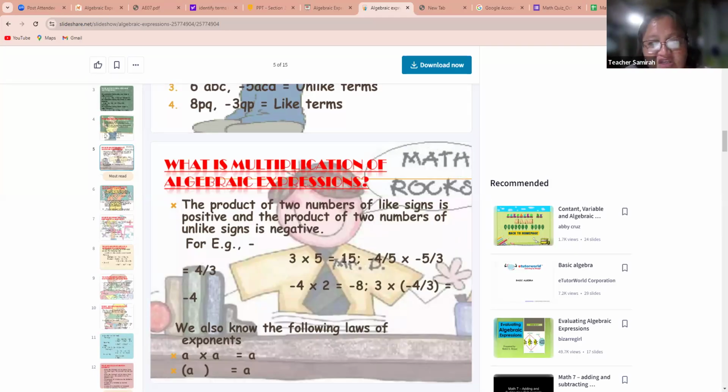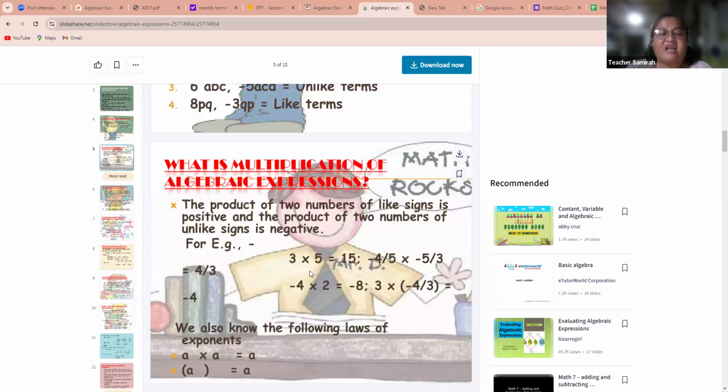When we talk about integers, if you multiply two of the same sign, may it be positive, positive or negative, negative, we will arrive at a positive result. But if we multiply a negative and a positive or a positive and a negative, that would give us a negative sign. Negative and positive is what we call unlike sign, so it will make a product of a negative integer.